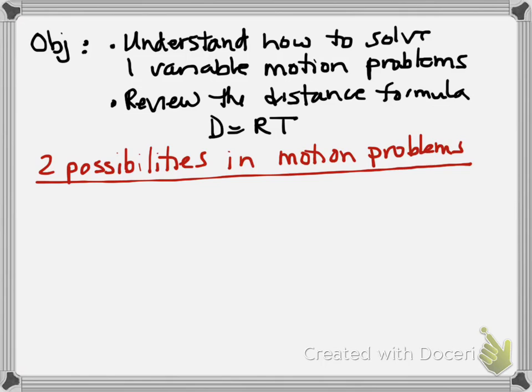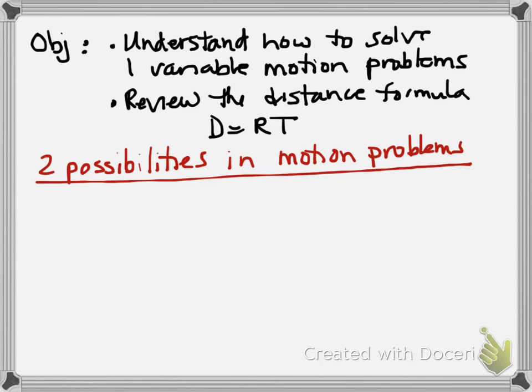So these are completely different types of motion problems. But these are the type of problems when somebody says, oh, what math class you're in, and you say algebra, instantly they go back, 2 planes leave from the airport at the same time going in opposite directions. How many hours will it be before they're exactly 325 miles apart? And they stop. That is the stereotypical algebra problem people think about, and that's exactly what we're talking about today.